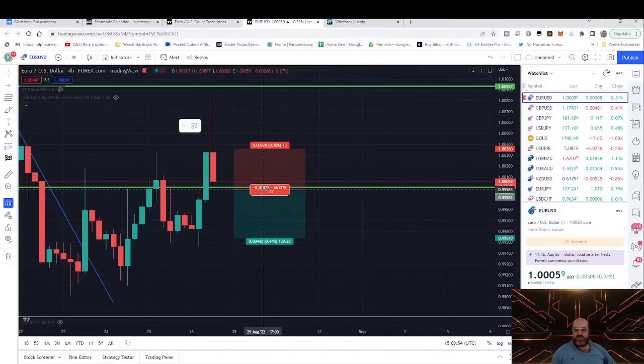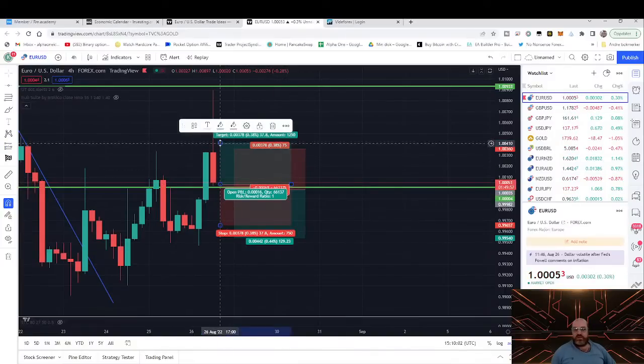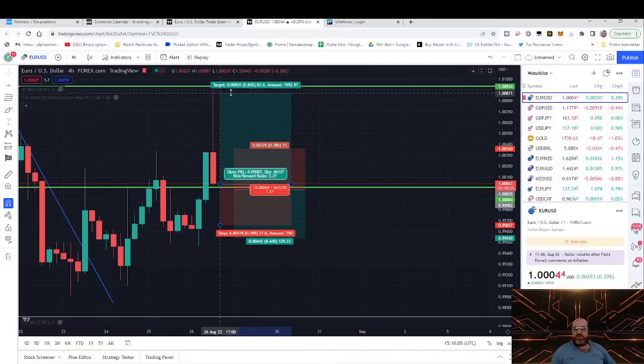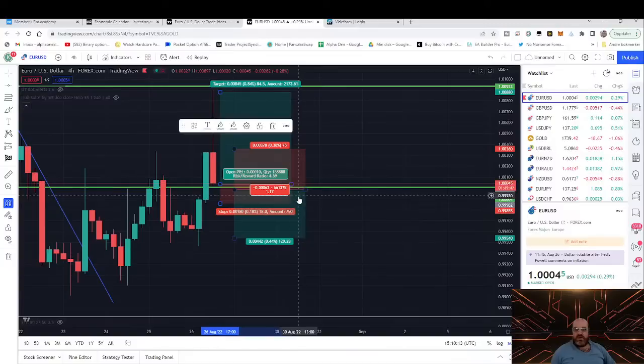So if for some reason we manage to keep above this support line, we take then a long position, and then we can target all the way up to this spike here. Then we put a stop loss, something like this. Let's remove this other one here.